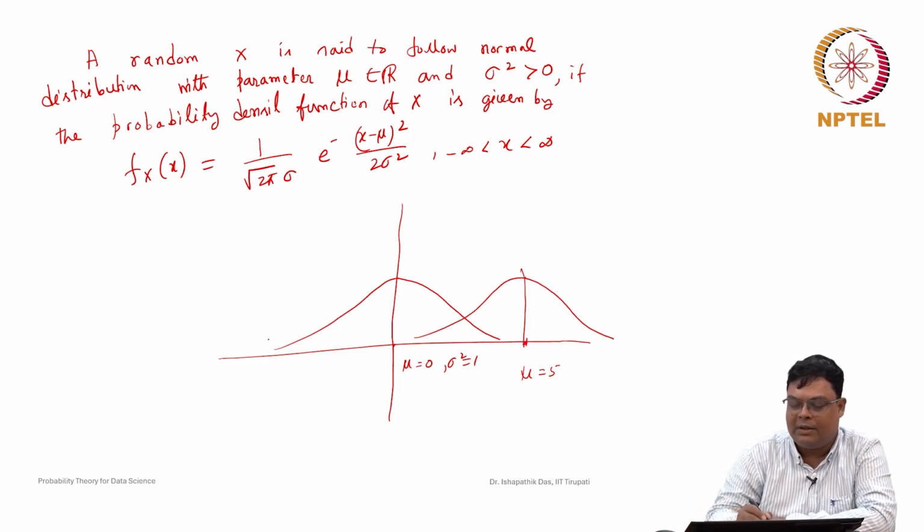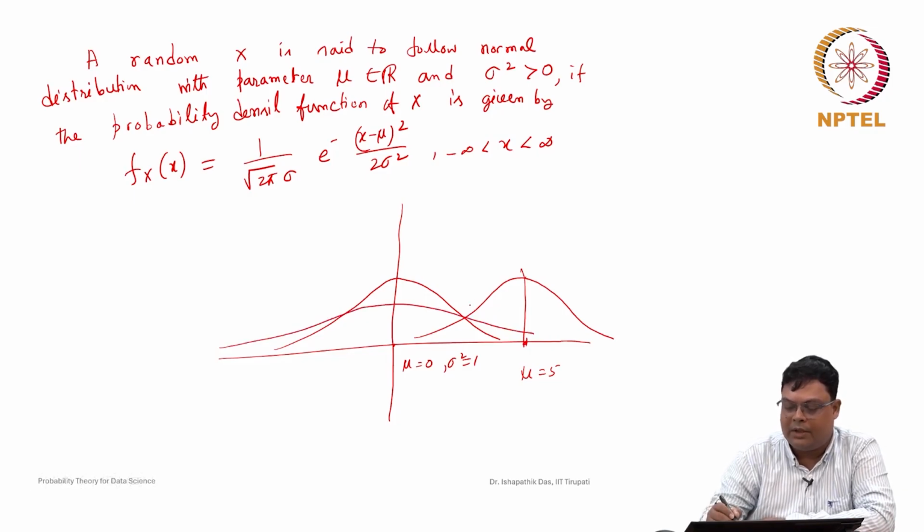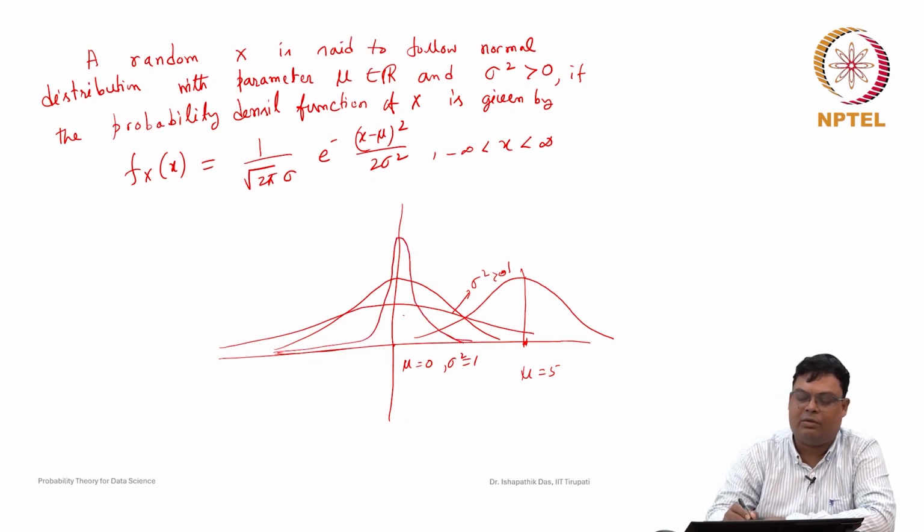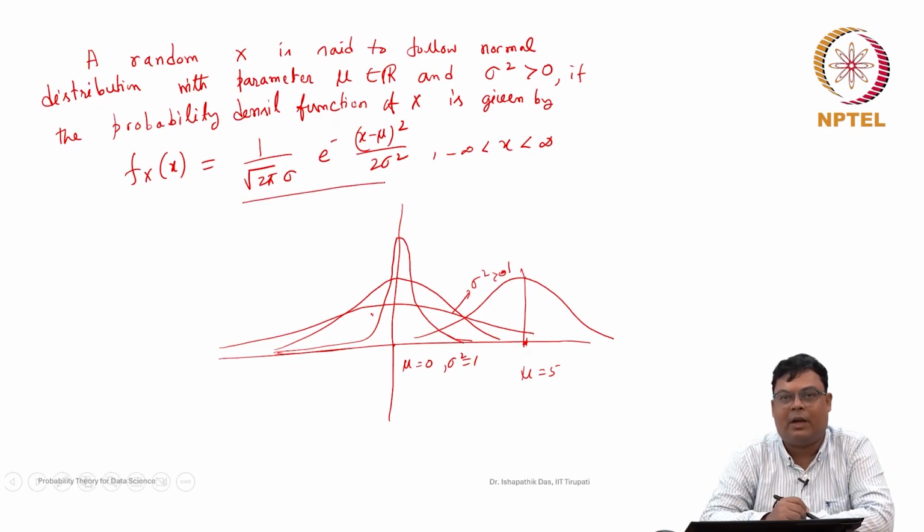If you change the variance, then if sigma square is greater than 1, the curve will be more flat, and if sigma square is less than 1, it will be more steep. Because the area under the density curve is equal to 1, when the variability is less, the height increases, and when the variability is large, the curve is flat and the height decreases.